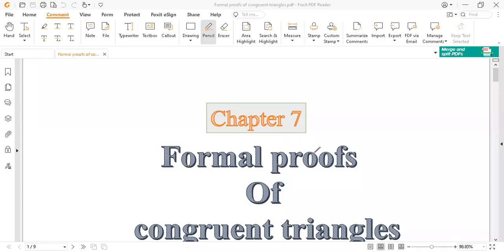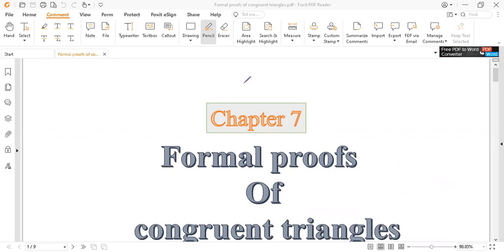Hi, everyone. In the previous session, we explained and gave the congruency tests. There are 4 of them, and each one needs some conditions to be verified to show that we are talking about 2 congruent triangles. Congruent triangles are equal in shape and size.